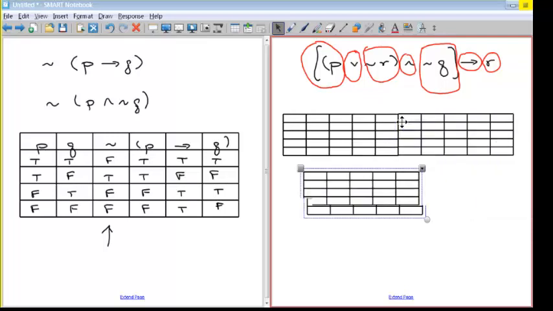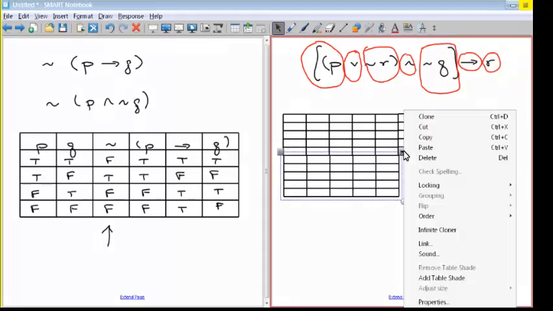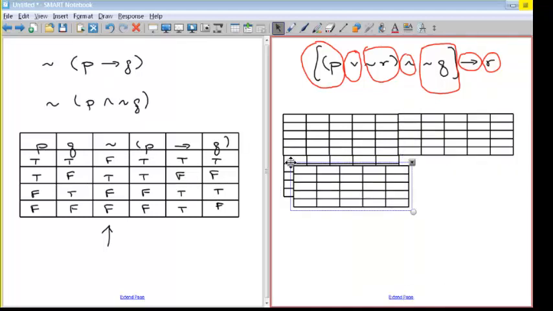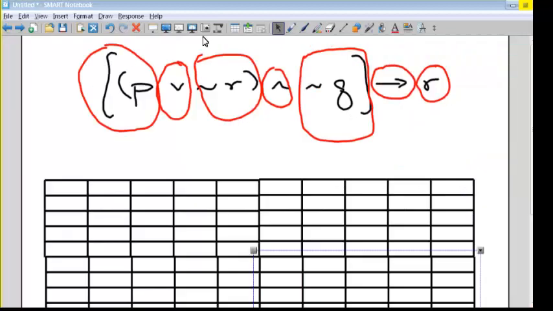I'm going to give you one that maybe is too big in either direction or both directions. So you're going to go P, Q, and R. Those are the 3 letters. Then you're going to write your logic expression.